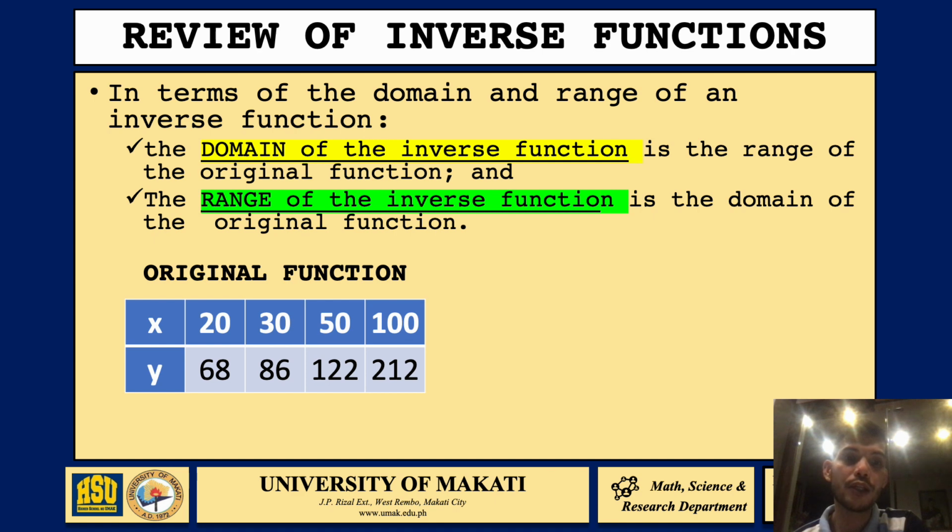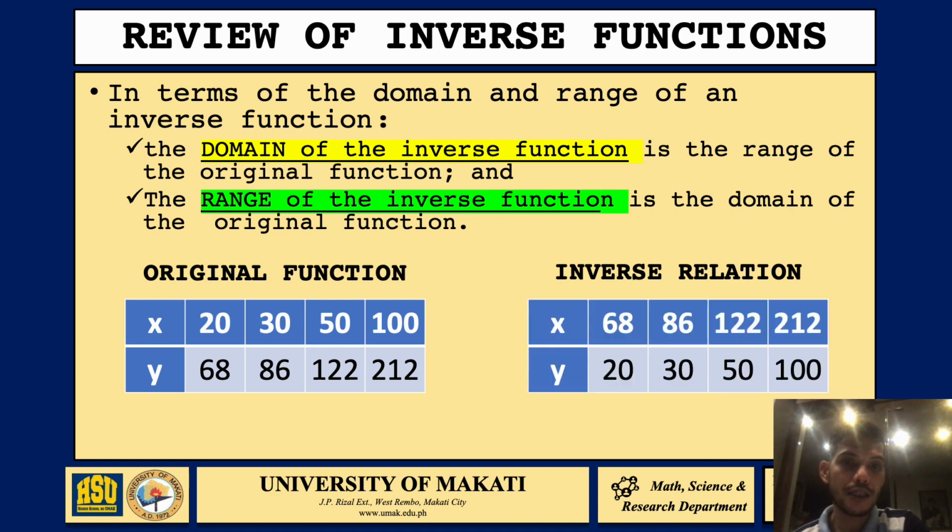The set of range in this table is 68, 86, 122, and 212. If we are going to get its inverse, we interchange the domain and range. So the inverse of that table has x values 68, 86, 122, and 212, and y values 20, 30, 50, and 100.